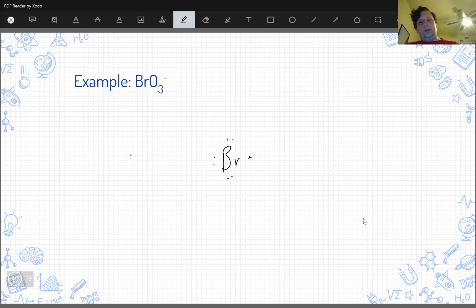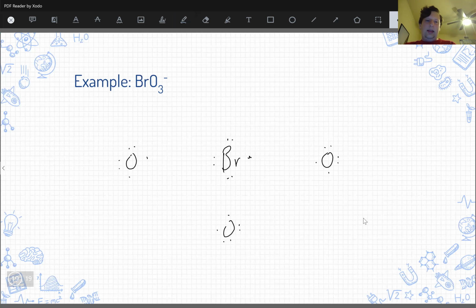So we have 3 oxygens this time, but still one of them has to have a negative charge. We let this one earlier have it. Let's have the one on the right have it. And so that's got a negative charge now.